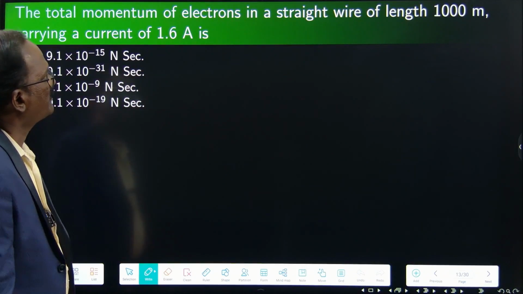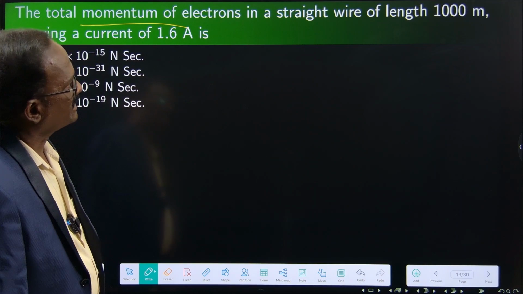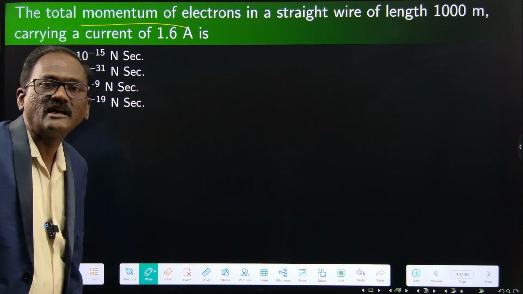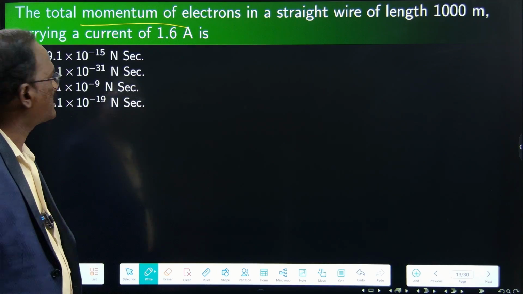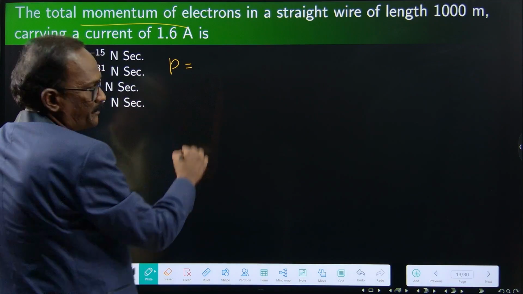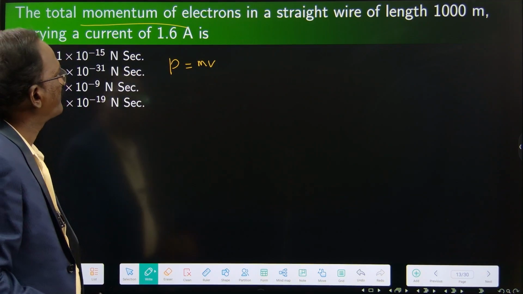The total momentum of electrons in a straight wire of length 1000 meter carrying a current of 1.6 ampere. Momentum is asked. Momentum, we write P is equal to mass times velocity.